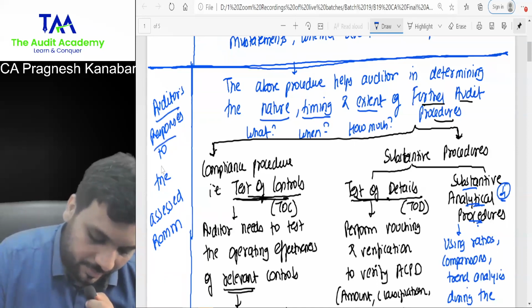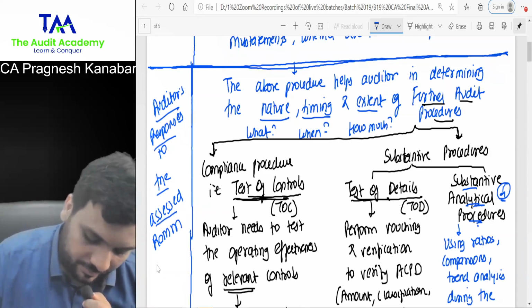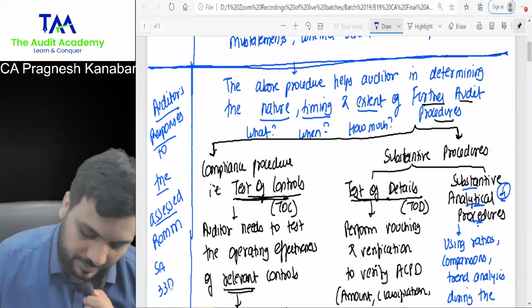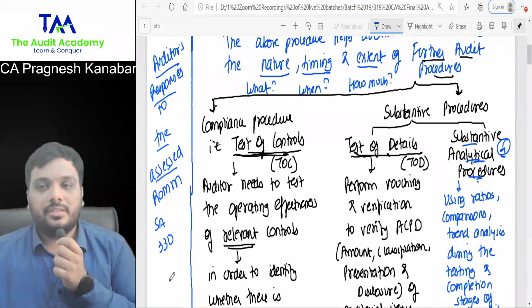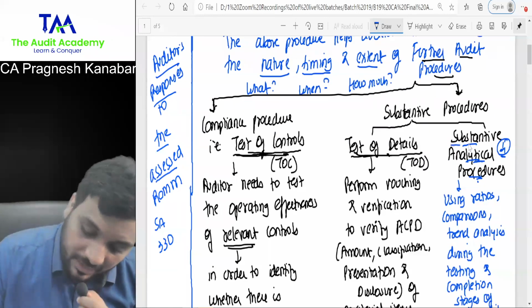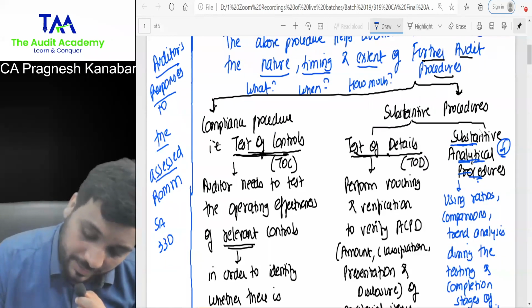And this topic is discussed in SA 330. However, substantive analytical procedure has been given a separate importance, and it is separately discussed in SA 520.